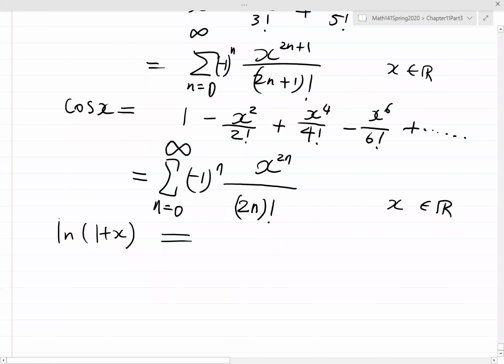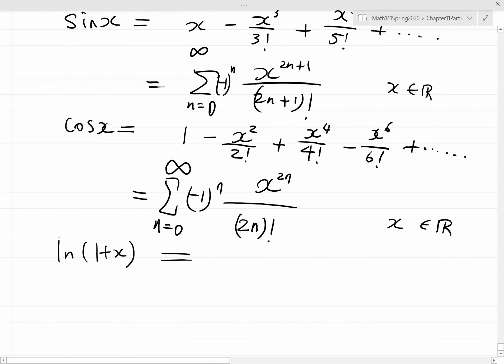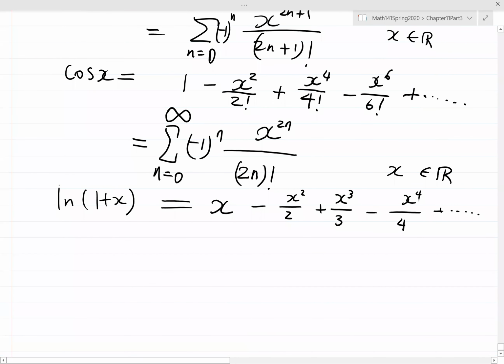Now for ln, we know the Maclaurin series. The Maclaurin series for ln(1 plus x) is x, the first term, then the next term is minus x squared over 2 plus x cubed over 3. It's alternating, be careful, etc. What else?